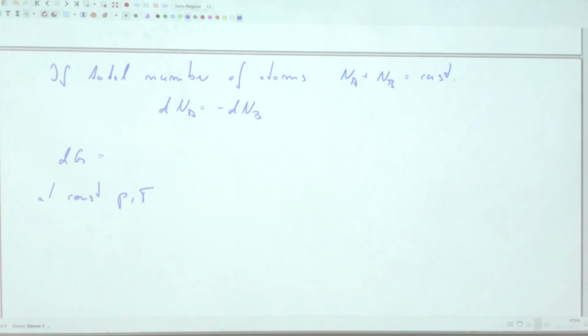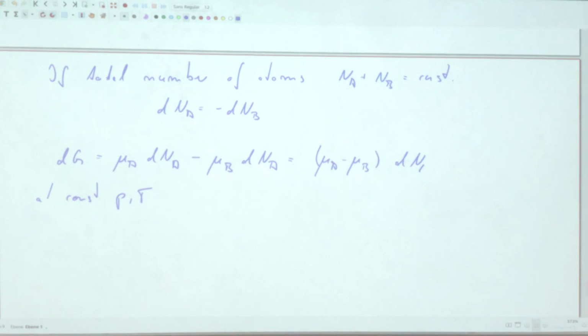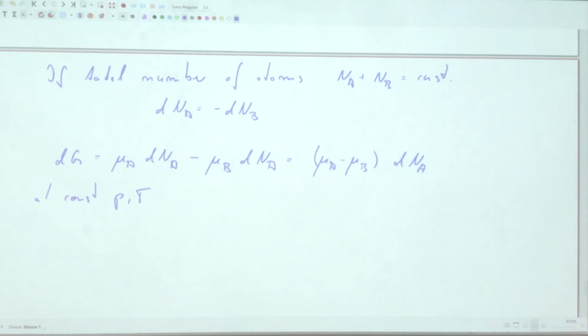Then our dG becomes mu A dNA minus mu B dNA, which means mu A minus mu B times dNA.